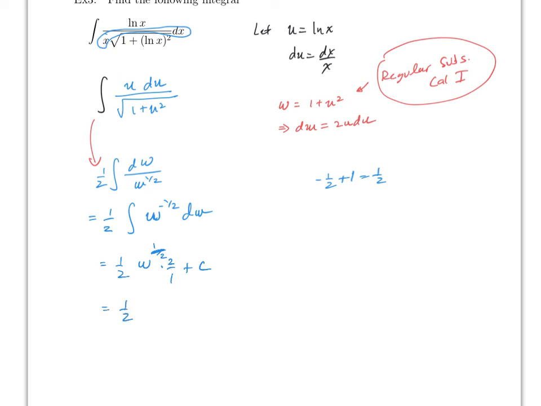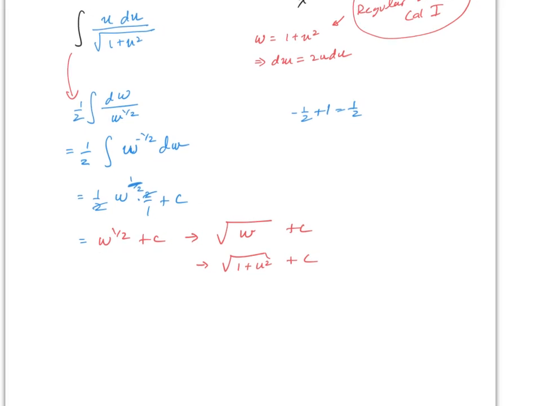So the 1/2 actually cancels, so there is no half anymore. So this is just w to the 1/2, which remember is the square root. So you will end up with the square root of w plus c, and w was 1 plus u squared, and u was ln x, so this is the square root of 1 plus ln of x squared plus c.